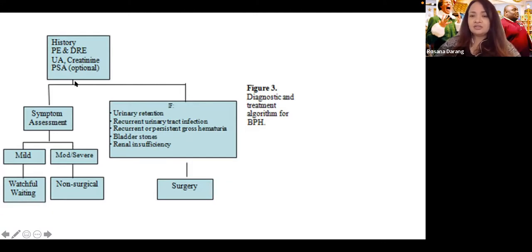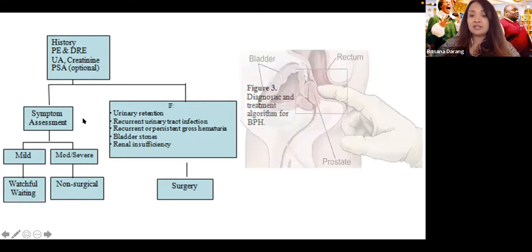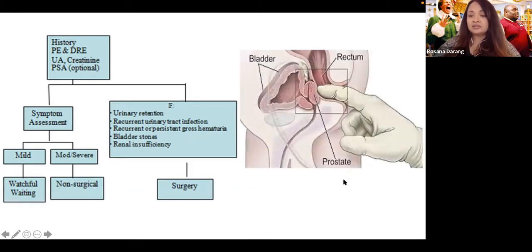For the diagnosis, of course, signs and symptoms are very helpful. You know? And we already listed those. Upon physical examination, we do a digital rectal examination. So this is a gloved digit inserted through the anus and into the rectum, because this is where you can best access the prostate, okay?